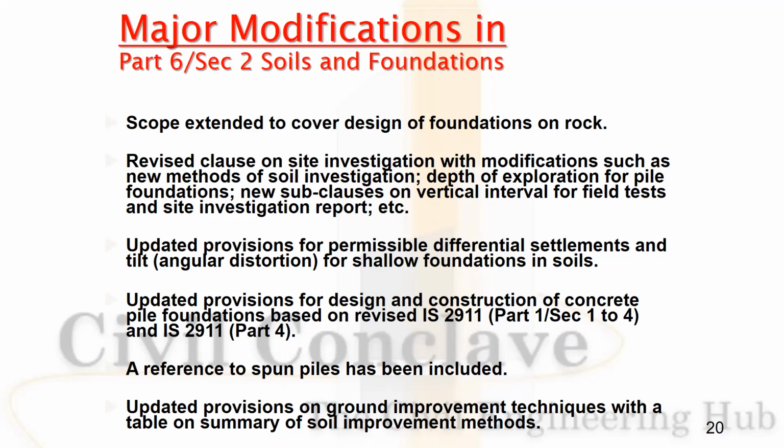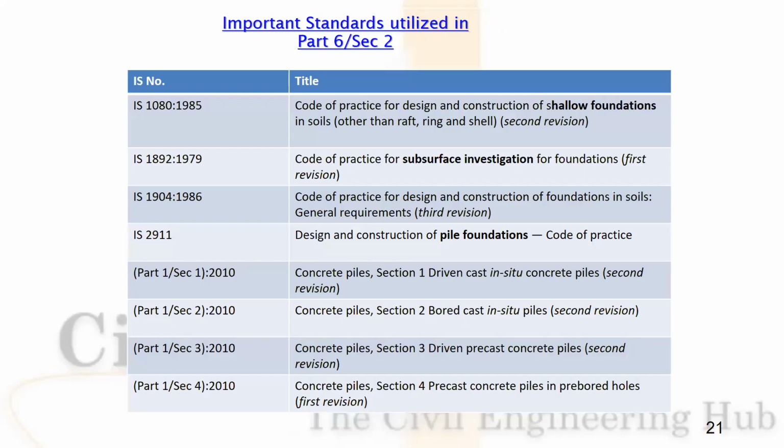Updated provisions for design and construction of concrete pile foundation based on revised IS 2911. A reference to spun piles is also included. Updated provisions for ground improvement techniques and soil improvement methods.